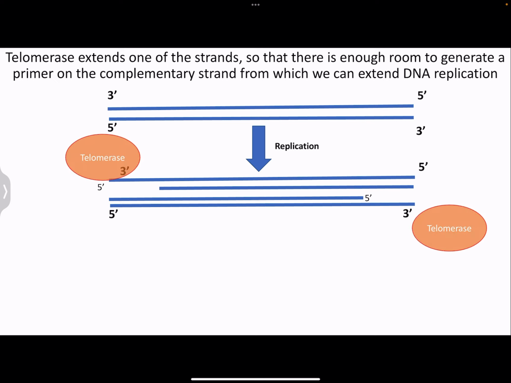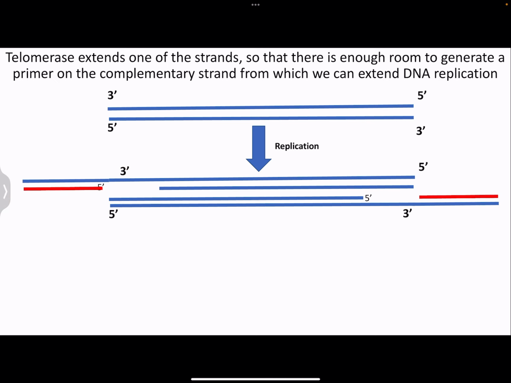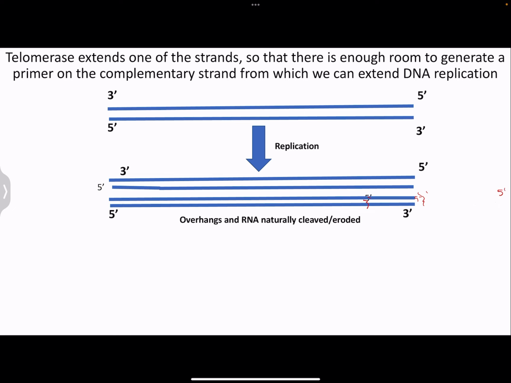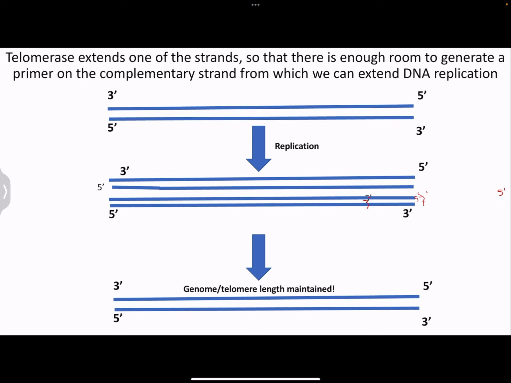So again, here's telomerase, and it's extending so that now I can put an RNA primer, and then my DNA pol 3 can move 5' to 3'. Or we could think of 5' to 3', it's all relative. So we can extend now off of that in the 5' to 3'. And boom, now I've maintained the original length of everything thanks to telomerase.